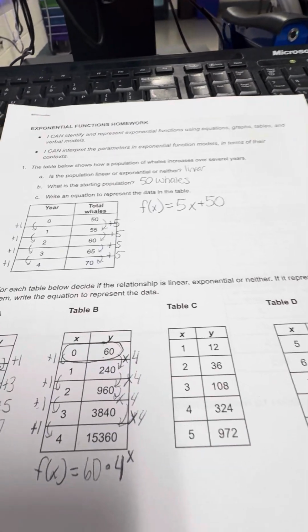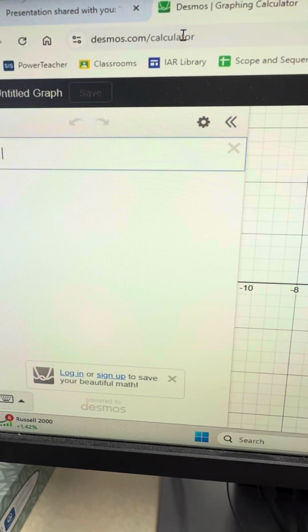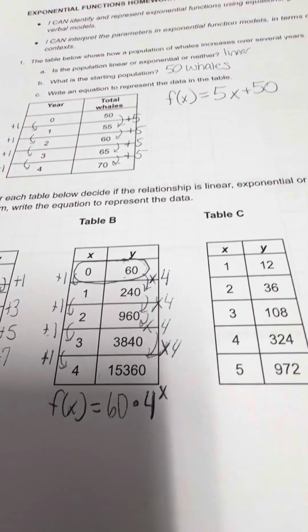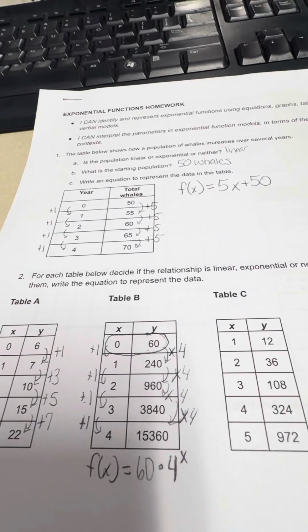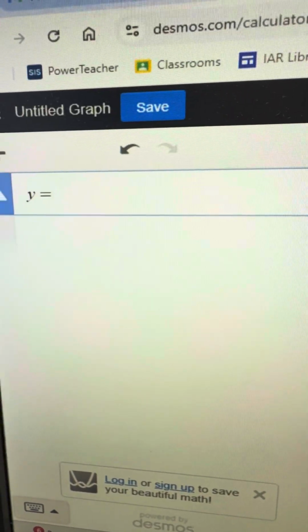I do want to bring this up because this was brought up in my last class. I'm going to share something really interesting about this. We're on Desmos, good old Desmos. I'm just going to show you what the difference is, because somebody in my class had asked me today, can I just multiply 60 times 4 and get 240? So let's take a look at what happens when we do it just the way we have it in here.